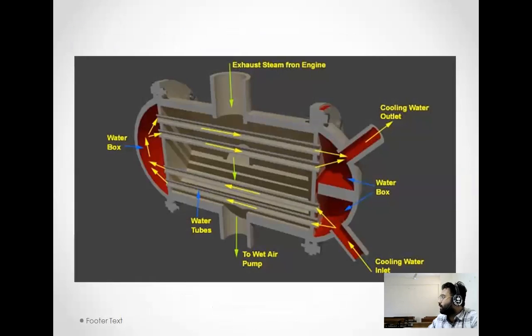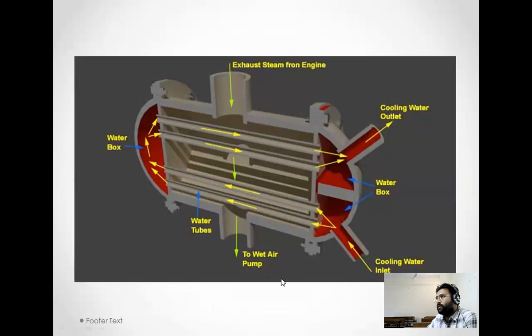So this is a cut section of a shell and tube condenser. Now you can see here the inlet which we have shown already. You see your figure also. So there is an inlet. Then this water flows through these tubes, right? Then this water is again circulated and flows through these tubes and then it is taken out.